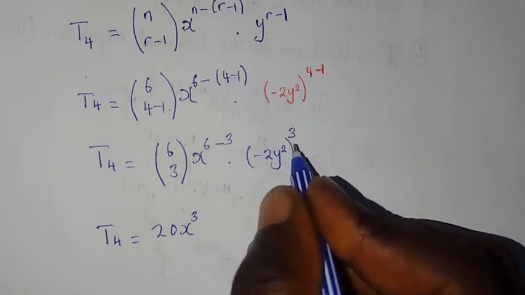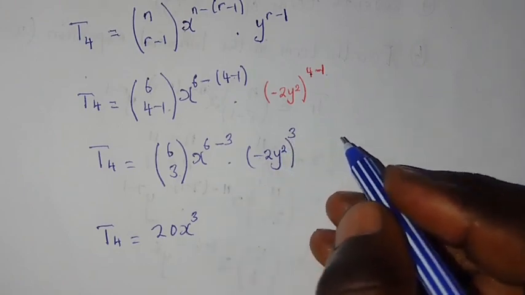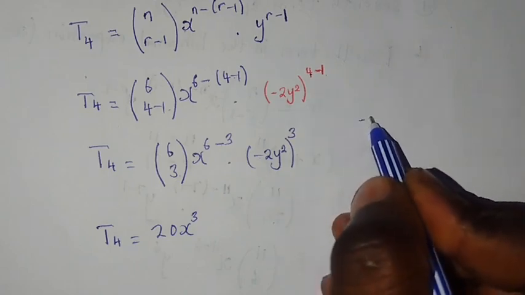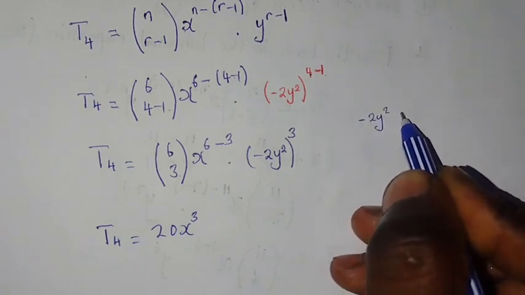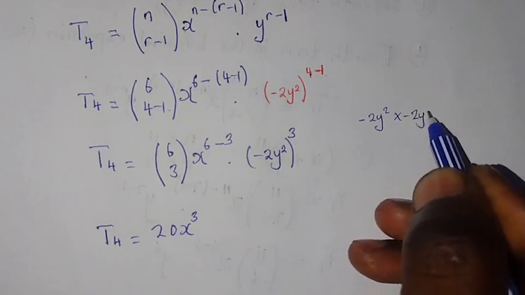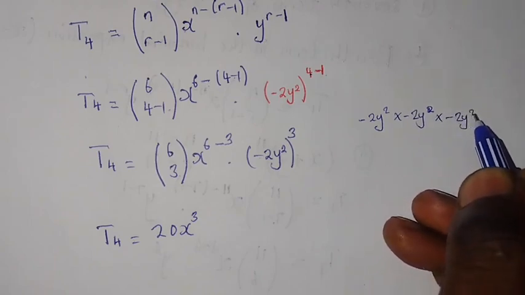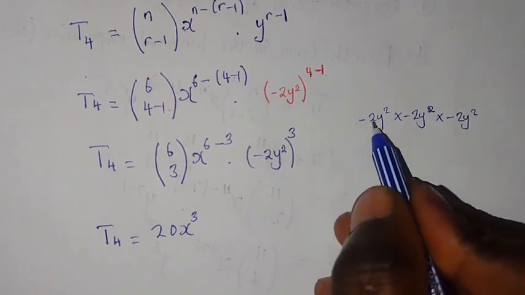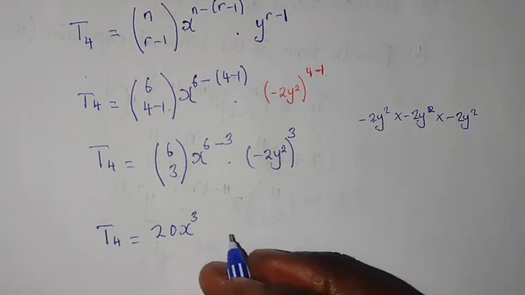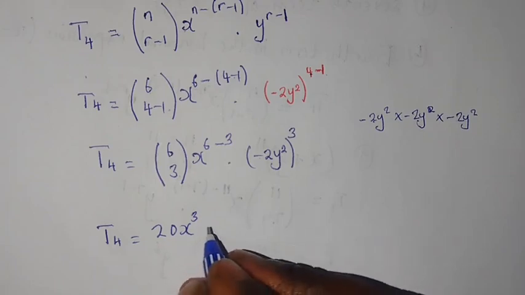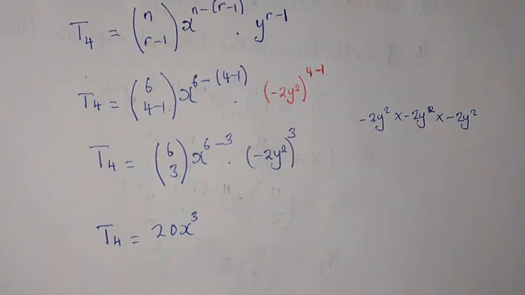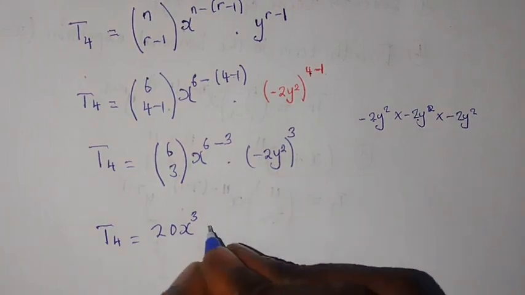So what are we saying? We are multiplying negative 2y squared times negative 2y squared times negative 2y squared, 3 times. So 2 times 2 times 2 gives you 8. I hope that you are following. It gives you 8.